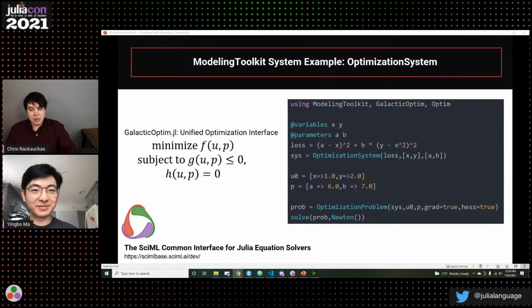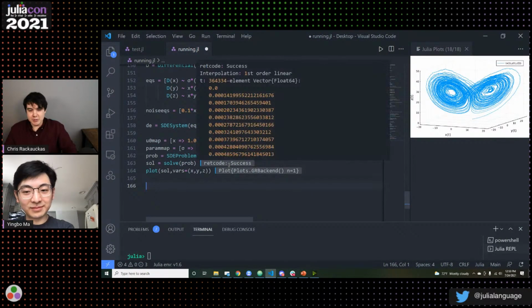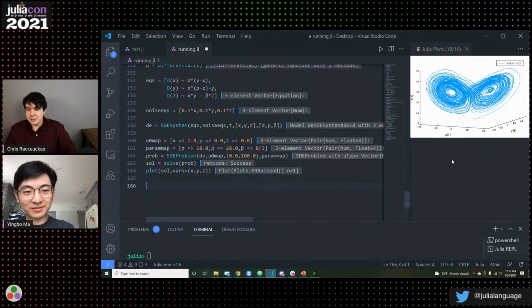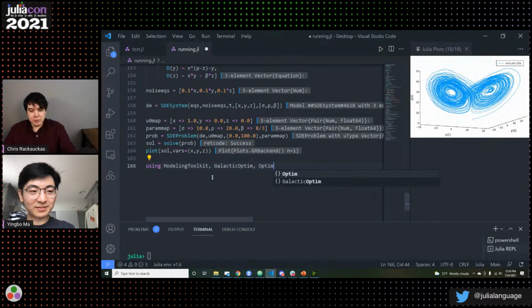Right, so what does that look like? So here is our stochastic Lorenz equation, doing tons and tons of steps to be able to really accurately solve this kind of wacky system. Now let's look at the optimization system, right? So in this case, now we do using ModelingToolkit, GalacticOptim, and Optim, because we're going to use GalacticOptim as our solver interface, but we're going to grab the solver from Optim.